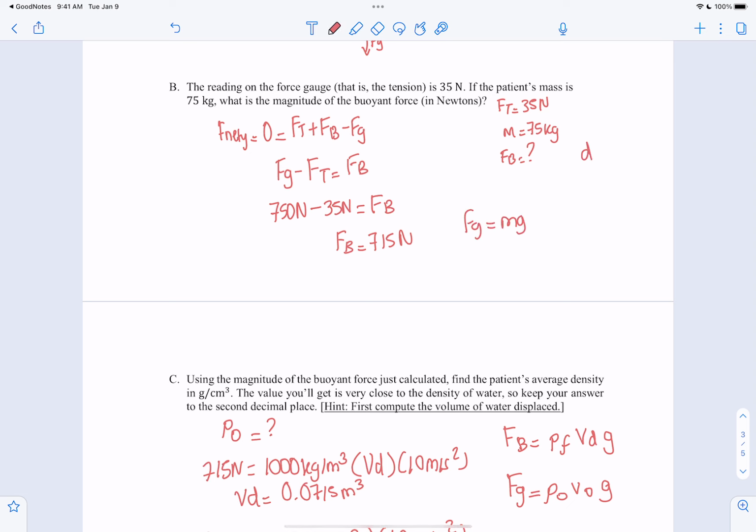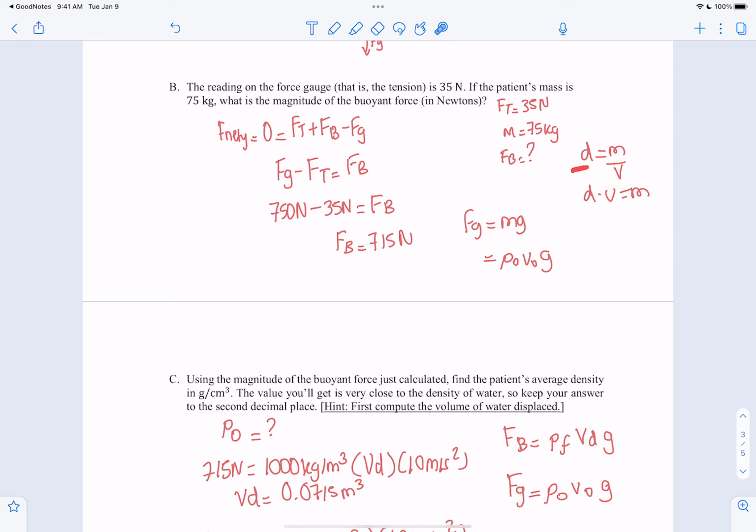Density is equal to mass over volume, so density times volume is equal to mass. So we can substitute for mass, put in density times volume, and we define density as rho, that little fancy p. So the density of the patient, or the object, times the volume of the object, times gravity, gives us the force. If we were trying to figure out the density, well, we have our mass, and we can figure out our volume.